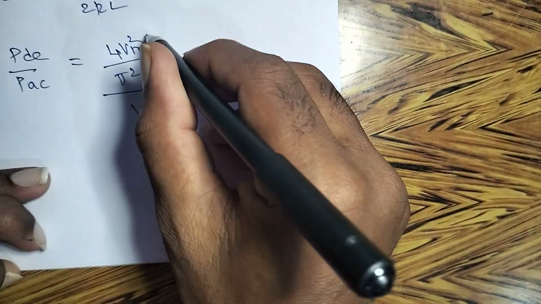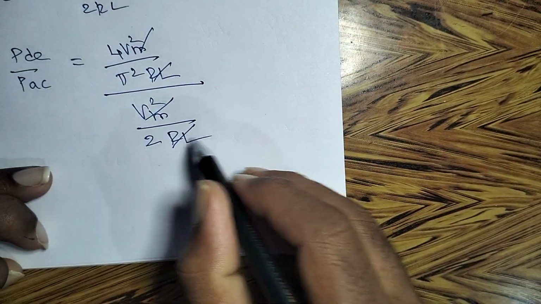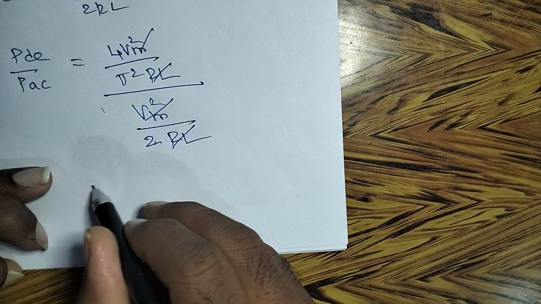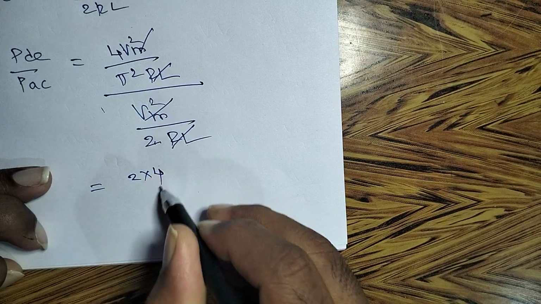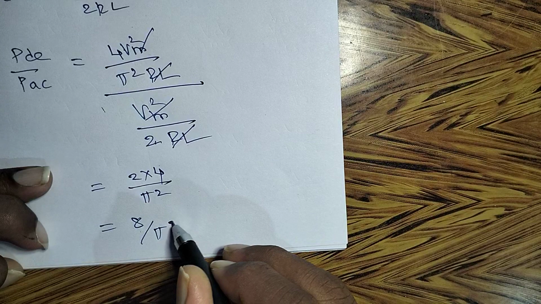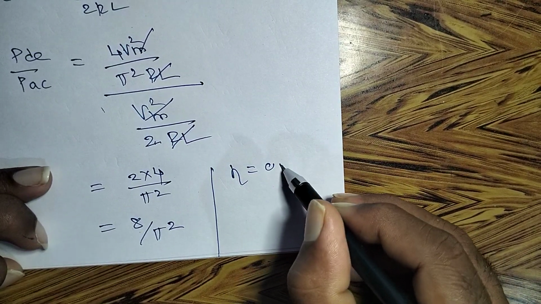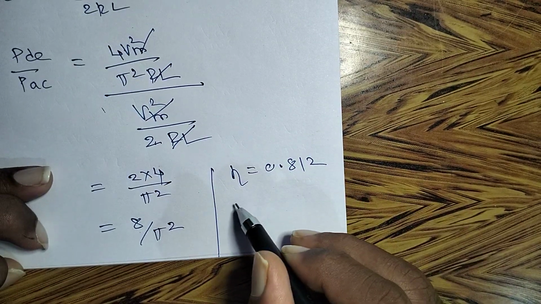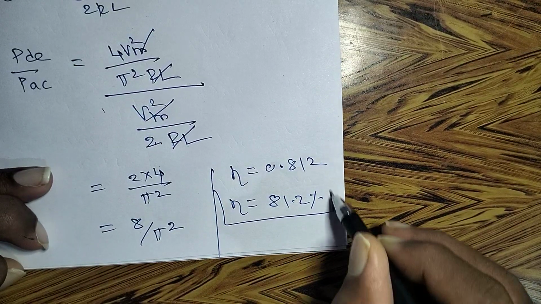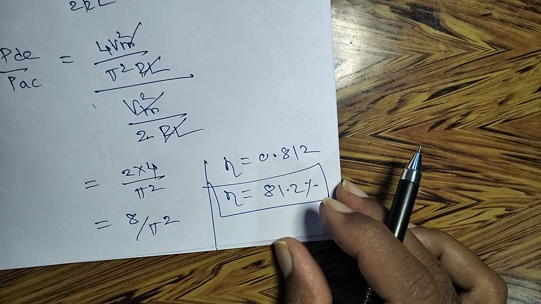Now Vm square gets cancelled, RL gets cancelled. Remaining, these two multiply with the 4 above, that is 2 into 4 divided by pi square, that equals 8 by pi square. So eta equals 8 by pi square, that is 0.812, exactly 81.2%. So that is the efficiency for the full wave rectifier.